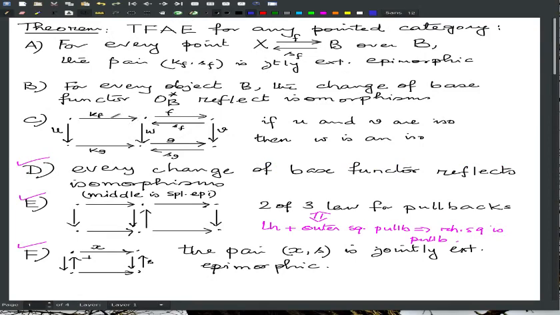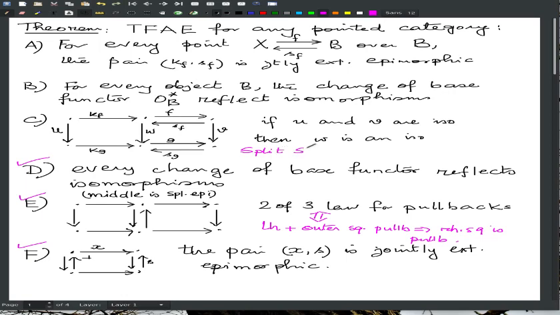You are taking the kernel of F, you are taking the kernel of G, with the only extra condition that instead of taking any arbitrary one, you are restricting that kernel functor to points, right? So we can definitely say that this is a case of the split short 5 lemma.